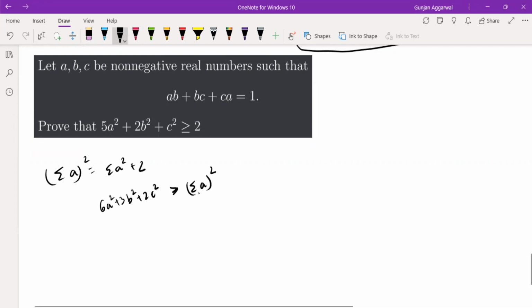Also, you're not audible. That does work. b squared plus b squared plus c squared.